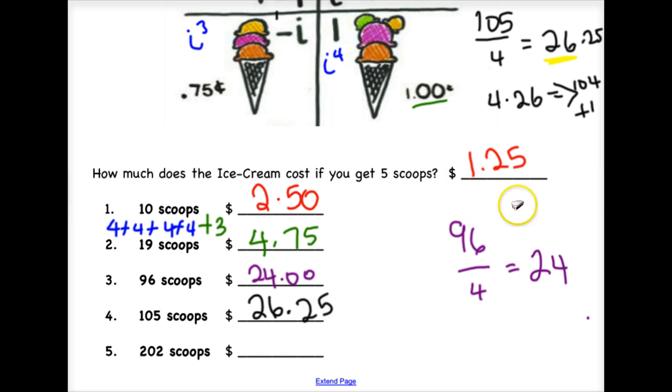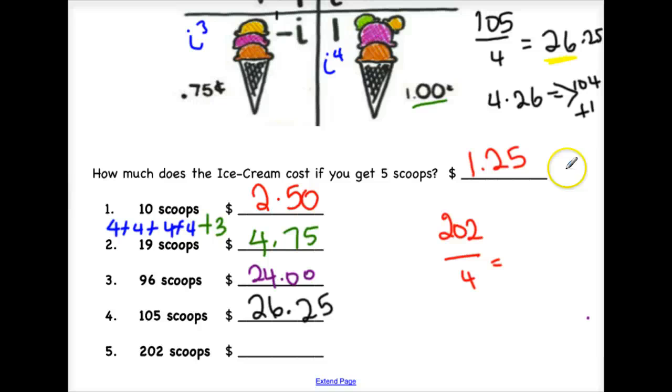Now, let's try to take this out and do 202. So how many 4s are in 202? And again, check your calculator, hit Control Enter if you're not getting a decimal. So 202, you would get 50.5.